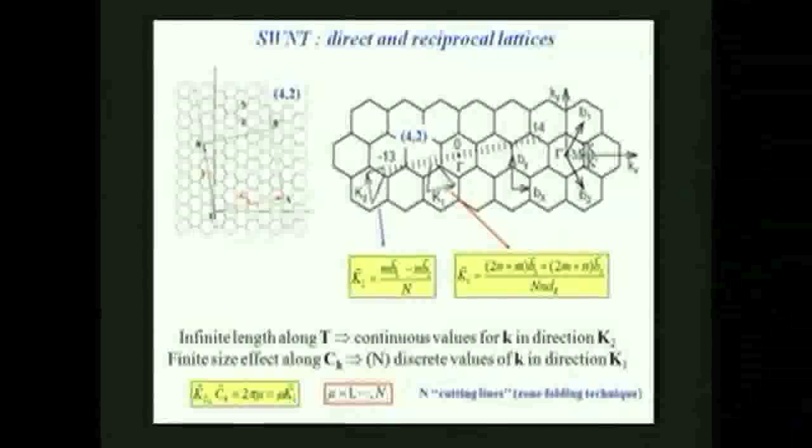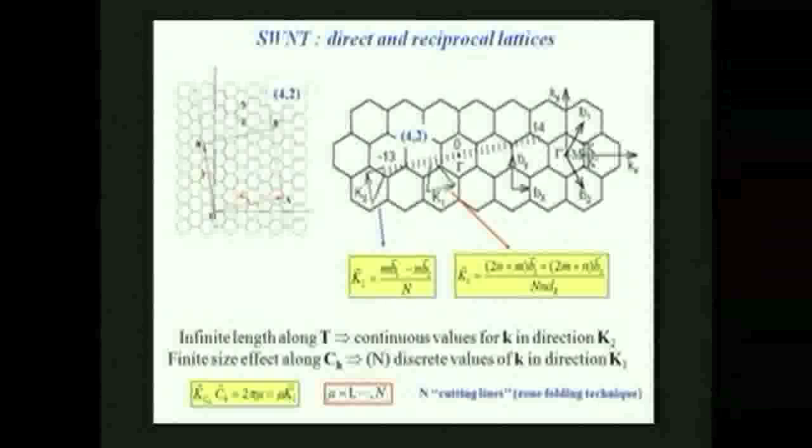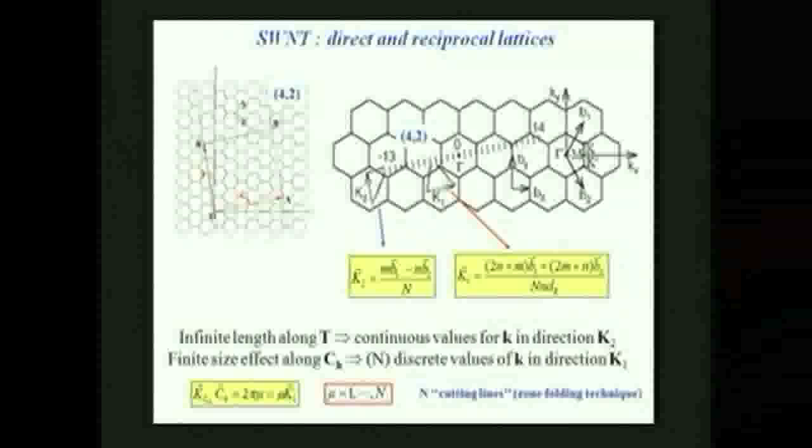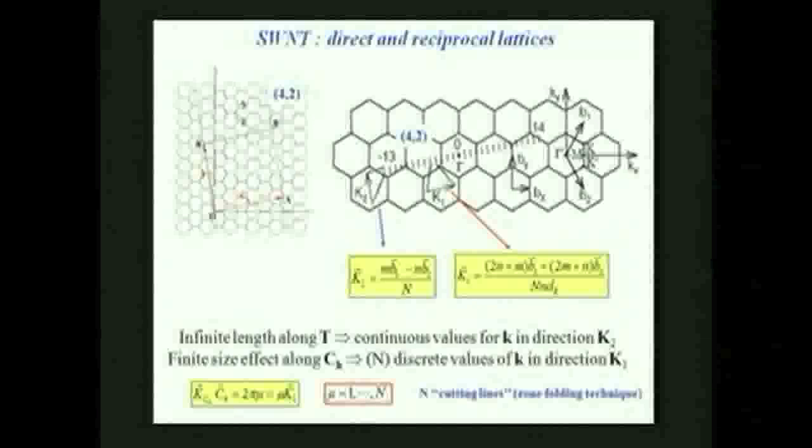Usually, when you calculate the wave vector, you can describe the waves in this wave space, and the wave vector can take any values between 0, what we call the gamma point, and the edge of the first Brillouin zone, that we call the K or the M points.